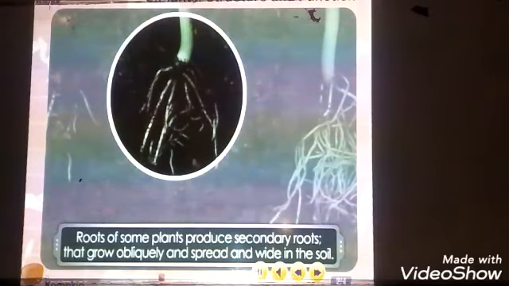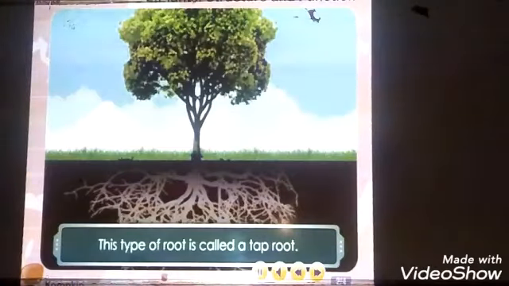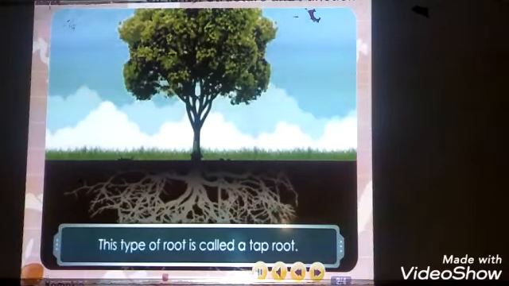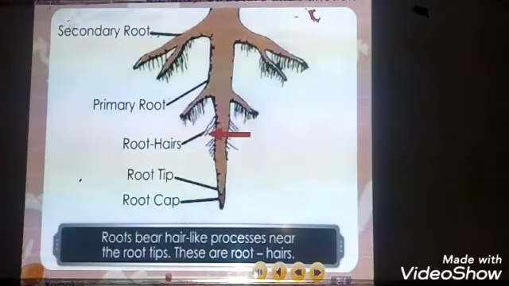Roots of some plants produce secondary roots that grow obliquely and spread wide in the soil. This type of root is called a tap root. Roots bear hair-like processes near the root tip.